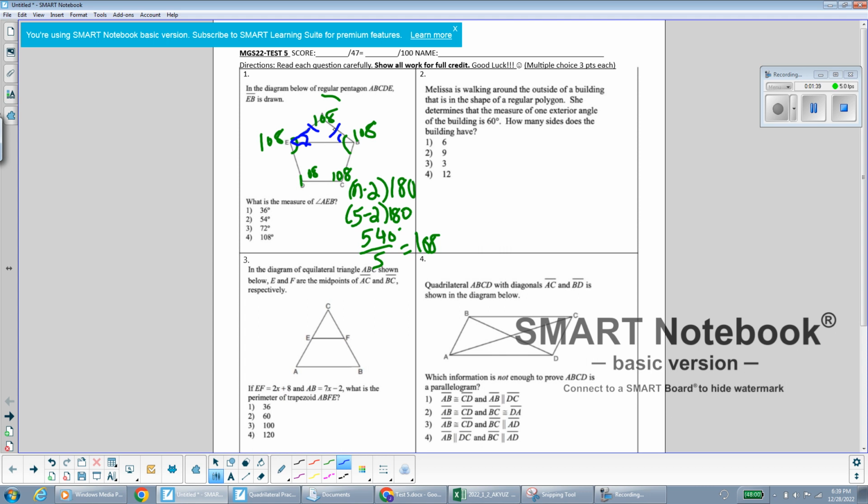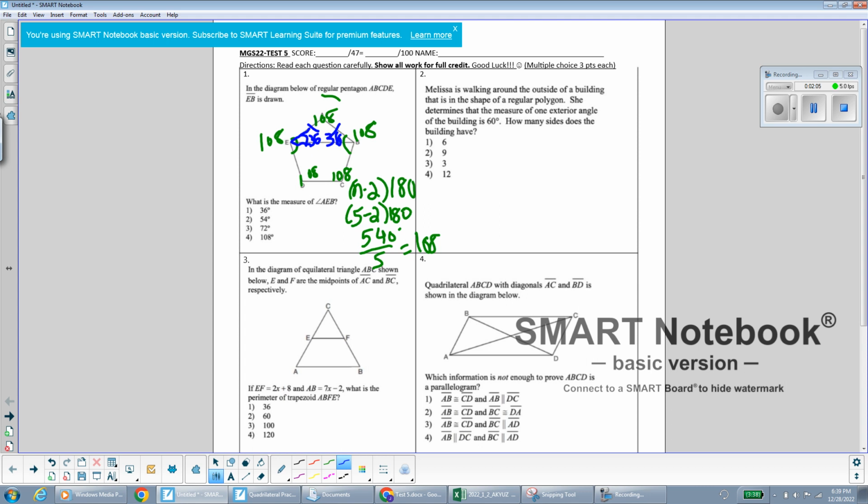So if the top angle is 108, then these 2 angles need to make 180, since all of the angles in a triangle add to 180. 180 minus 108 is 72 degrees. And since each of these angles needs to be the same, let me divide that by 2. And that gives me 36 degrees for each of these angles.